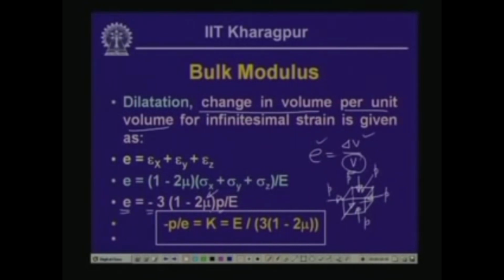Now, if we have the value of mu greater than half, then the quantity 1 minus 2 mu becomes negative, and minus of minus becomes positive, which indicates that delta V is increasing, that means the volume is increasing. That means if the value of mu is greater than half, it states that there is an increase in the volume, which is contradictory to the physical state.